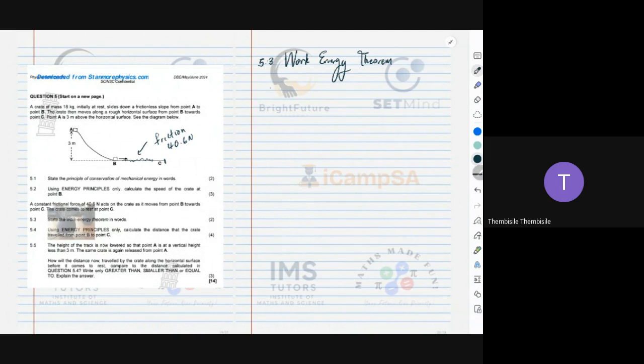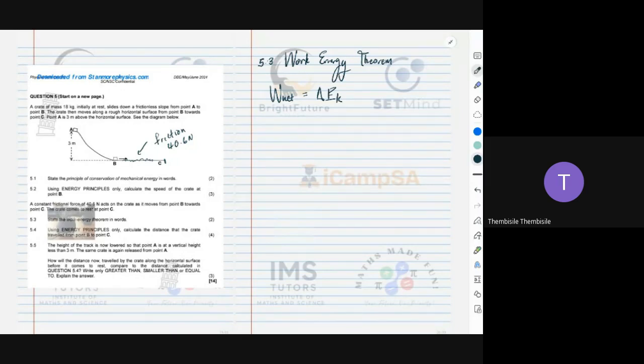It says work net is equal to the change in the object's kinetic energy. That is what the work energy theorem says. Okay? Please know this. Know it in words.